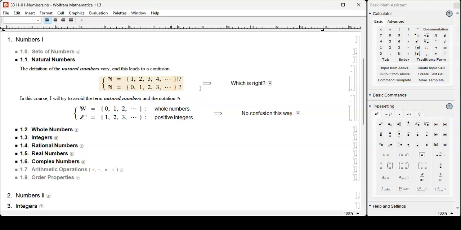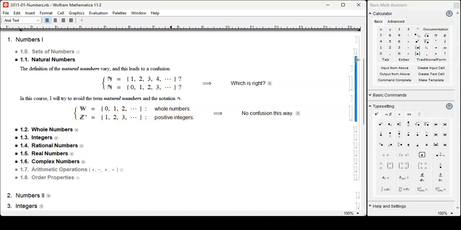I'll try not to use the term natural numbers. Instead, I'm going to use the term whole numbers for 0, 1, 2, 3, 4, and so on, and the term positive integers for 1, 2, 3, 4, 5, and so on and so forth. This way, there's no confusion, no matter which part of the world we go to. And I'll try to avoid the term natural numbers and the notation N as much as possible, but sometimes it may be necessary.